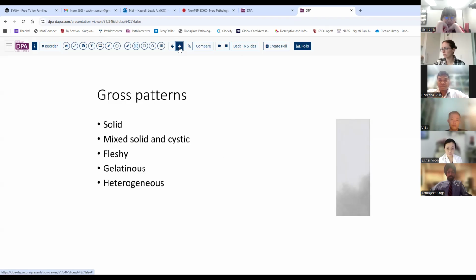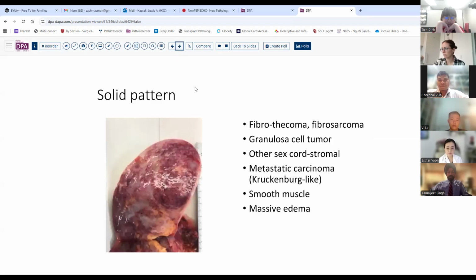Here's the solid pattern. When we think of that, we think of fibrothecomas or fibrosarcomas, very uncommon, and metastatic tumors, some sex cord stromal tumors, maybe smooth muscle tumor. Also a benign condition like massive edema of the ovary can present in this sort of a pattern as well.